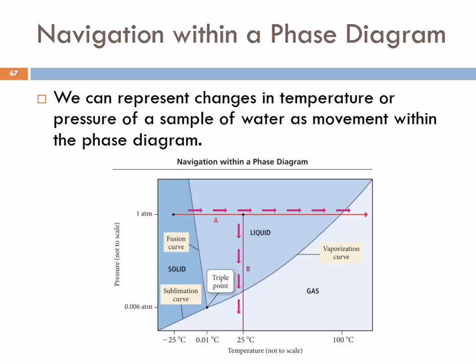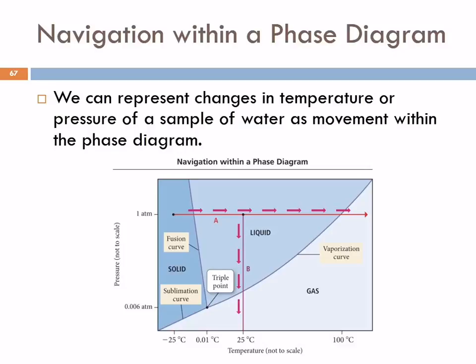So we can look at different things happening with the phase diagram. And phase diagrams for different substances are going to have different characteristics. The slopes of the lines can be different, and definitely the temperatures and pressures are going to be different.